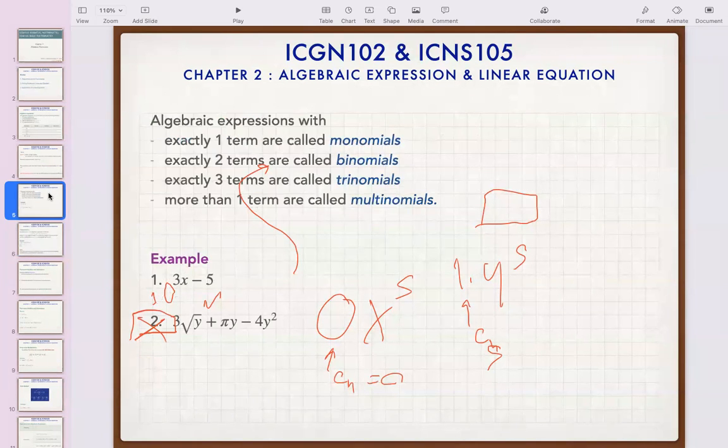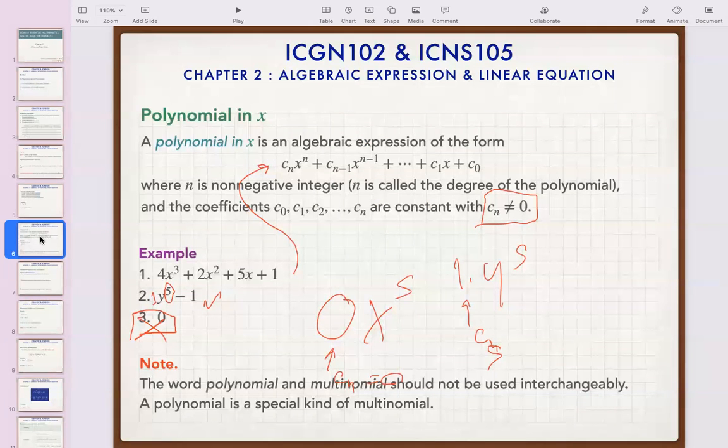While a multinomial is just a couple of terms that you put together in an expression. So try not to use them interchangeably, because whenever we identify a polynomial, normally we use the degree of the polynomial for doing other things next.